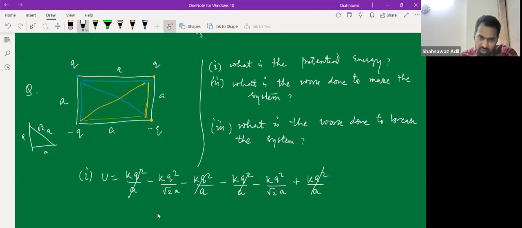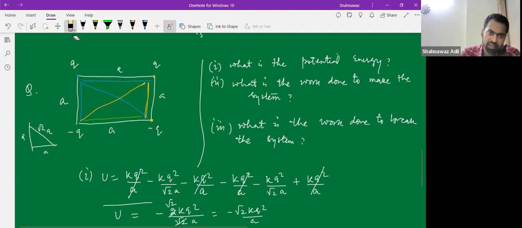So this is minus 2kq square by root 2A. So this cancels and we have root 2. So minus root 2 kq square by A. This is the potential energy of the system. Right, guys?